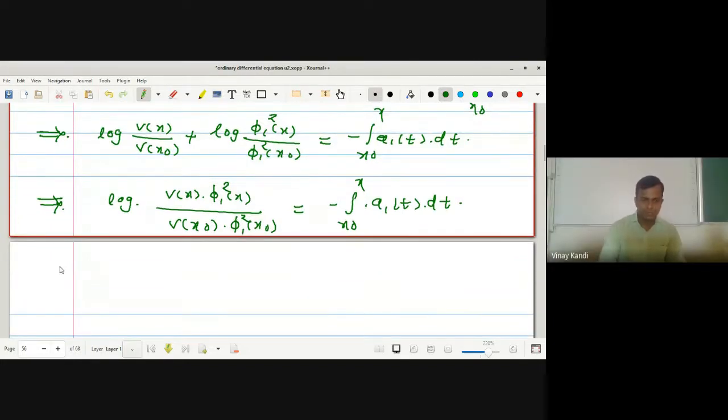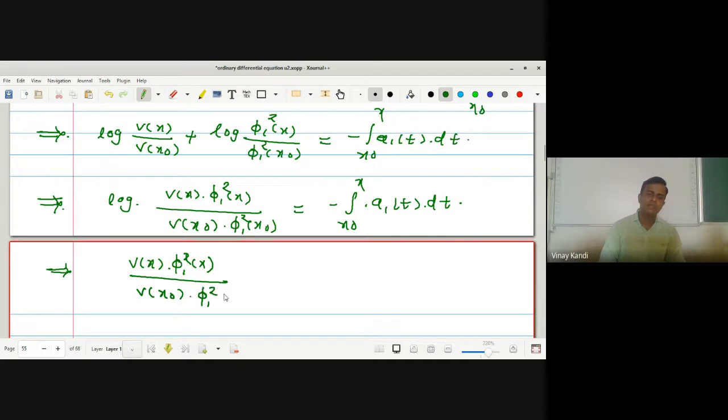Now this implies v of x into phi1 square of x upon v of x naught into phi1 square of x naught, which is equal to exponential of, e raised to power minus integration x naught to x a1 of t into dt.